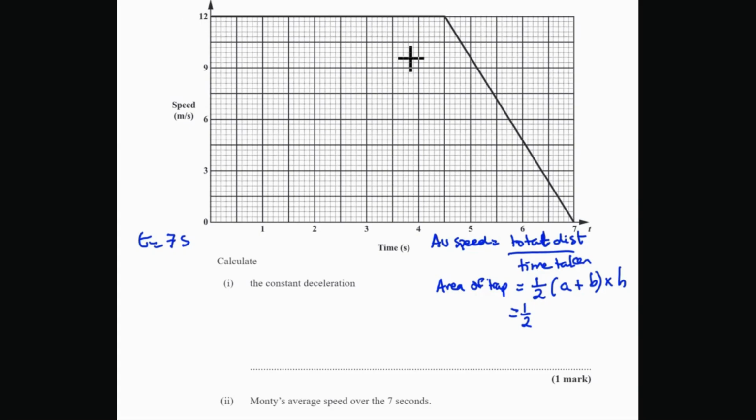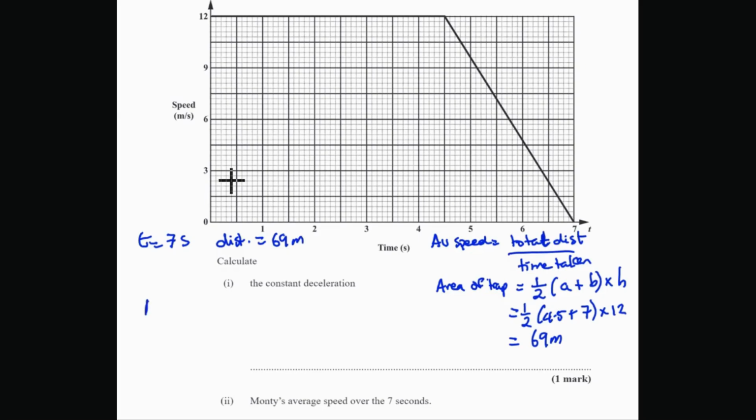This length is 4.5 seconds. And the bottom parallel line is going to be 7 seconds long. And of course the height is going to be this distance here, which is 12. So when you work this out, what you're going to get is 69 meters. So now we know that the distance is equal to 69 meters.